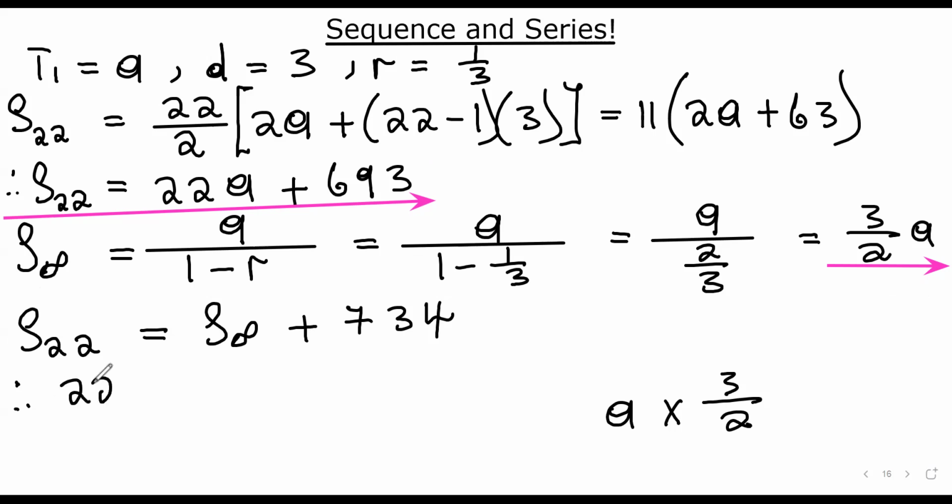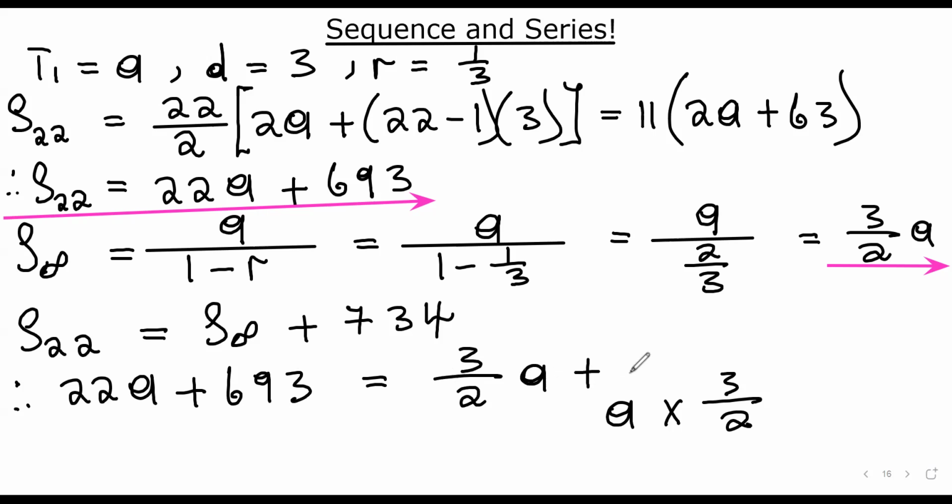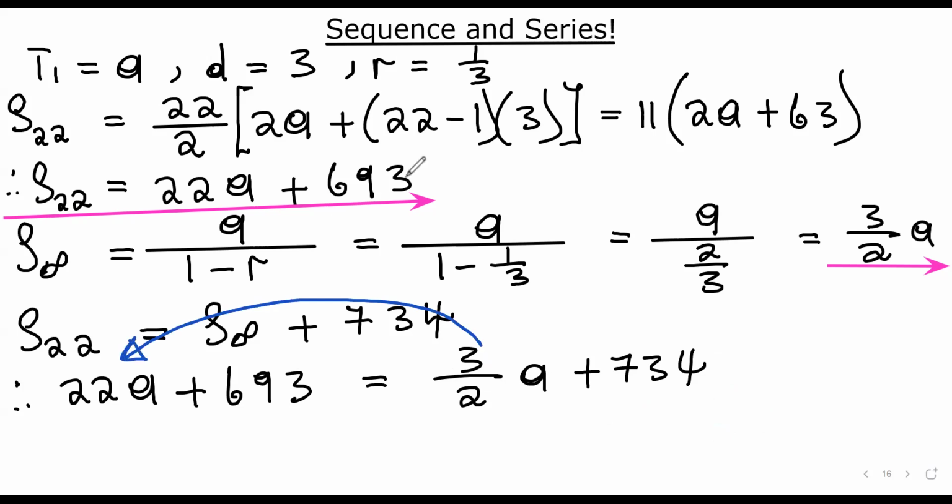It means 22a plus 693 is actually equal to 3 over 2 a plus 734. That's what it actually means. And collecting the like terms, of course, we take this one to the other side, and similarly, this one to the other side as well.